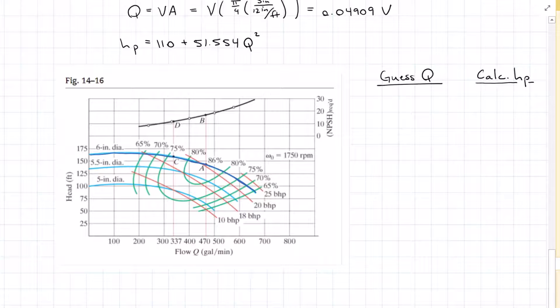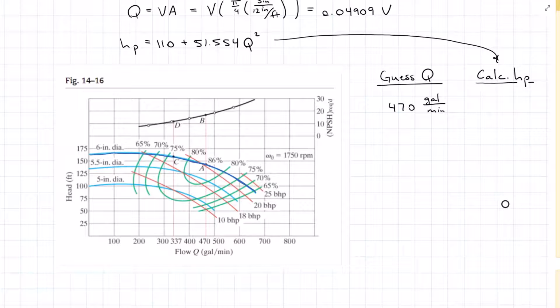The most efficient flow rate I can have is 470 for that 6-inch diameter impeller. So I'm going to start with that guess, 470. Remember, 470 is gallons per minute, and our equation here is set up in feet and seconds.